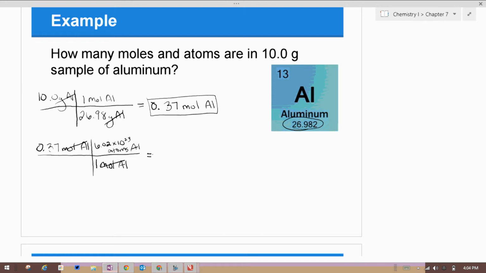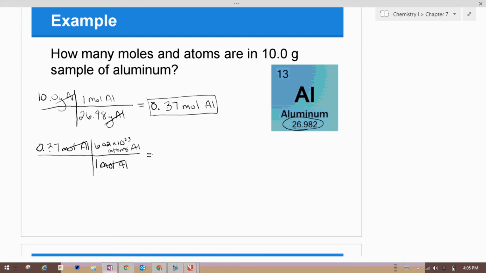So I'm just going to pick my calculator up and press times. When I press times, I get on my screen A and S and then the multiplication sign. So it's taking that 0.3706449222, and it's going to take that whole thing and multiply it by whatever I type in next. So I'm going to type in 6.02, second comma, 23, enter.